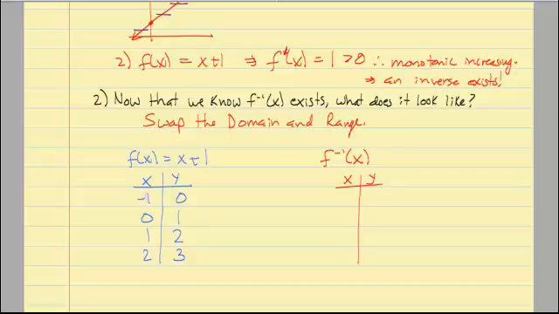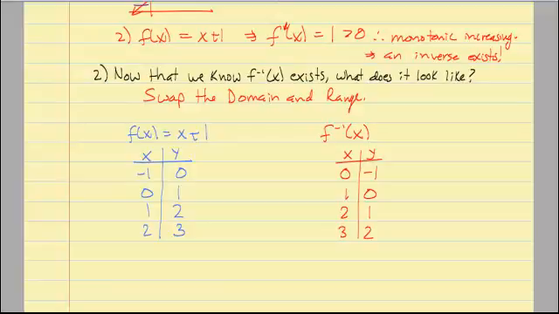All of these values, -1, 0, 1, 2, become the y values over here. So let's look at this ordered pair, -1, 0. This becomes 0, -1. 0, 1 in my original function becomes 1, 0 in my inverse function, and similarly with my other two values. So next we want to look at the graphs here.